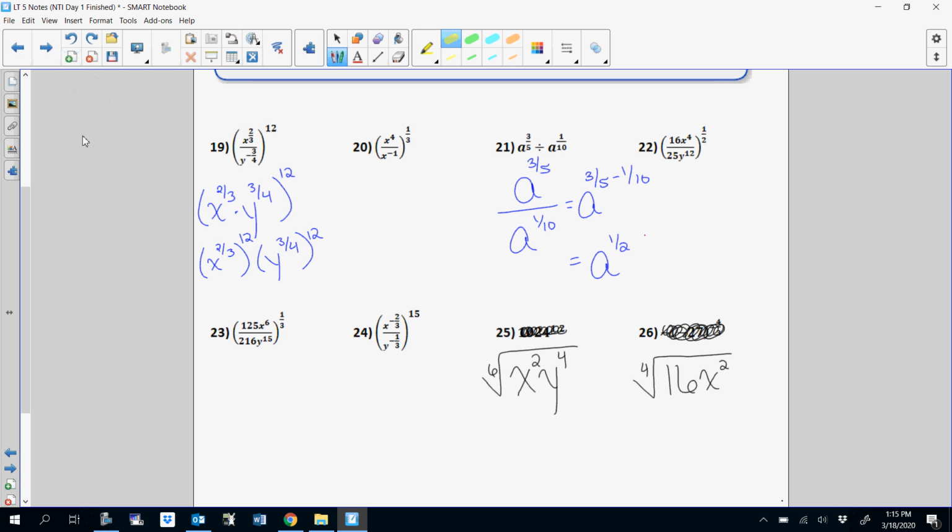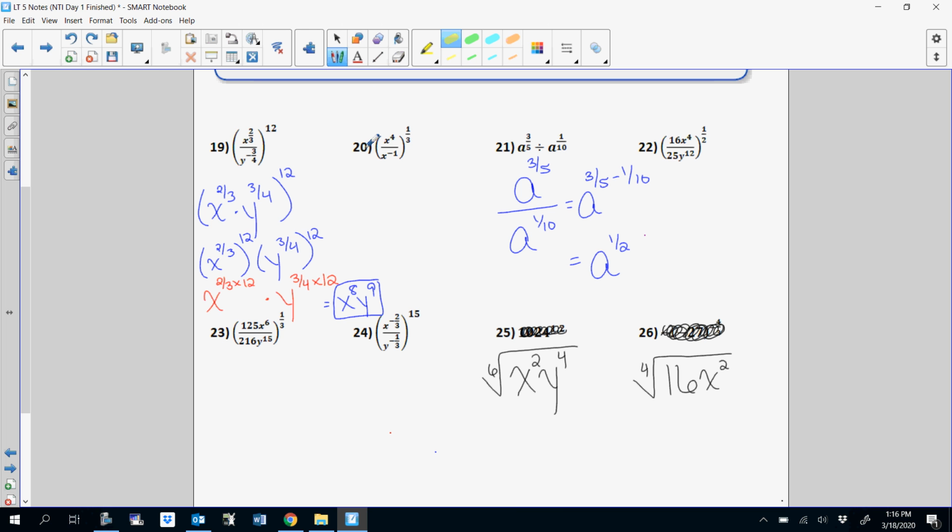So when you multiply x to the 2/3 times 12 and y to the 3/4 times 12, you get nice answers. 2/3 times 12, hopefully you just know how to multiply them or use your calculator, but it's 2 times 12, 24, divided by 3, is 8. 3/4 times 12 is 3 times 12, 36, divided by 4, so 9. So the final answer here would be x to the 8th, y to the 9th.